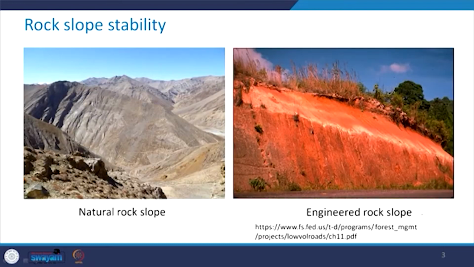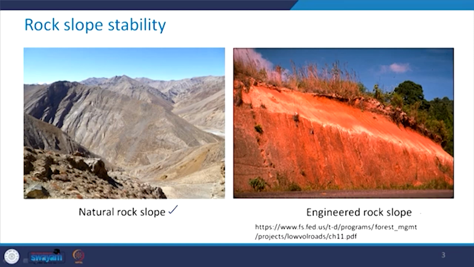Here you can see two pictures. The first one is showing a natural rock slope. This has been taken somewhere on the way from Manali to Leh.